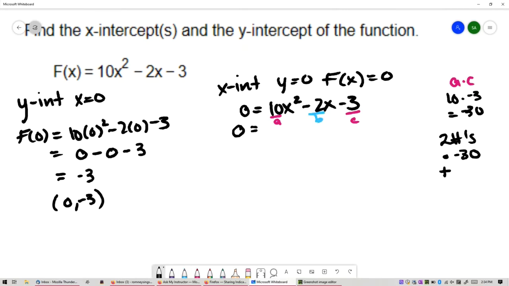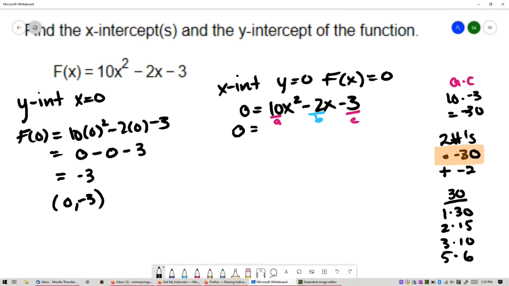So those numbers need to add up to be negative 2. So what I'm going to do is write down all of the factors of 30. That's all of the possibilities for multiplying to be 30. And those possibilities are 1 and 30, 2 and 15, 3 and 10, and 5 and 6.